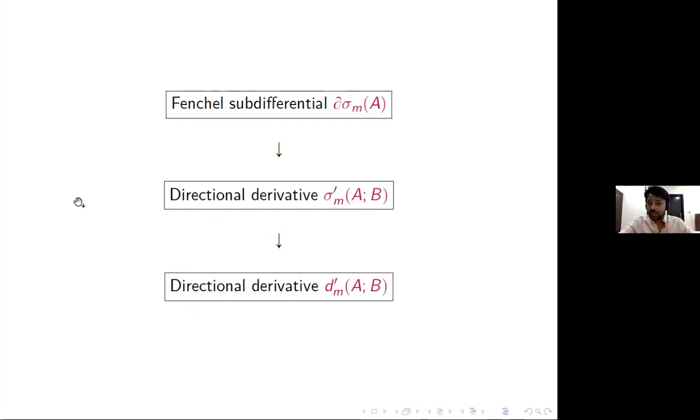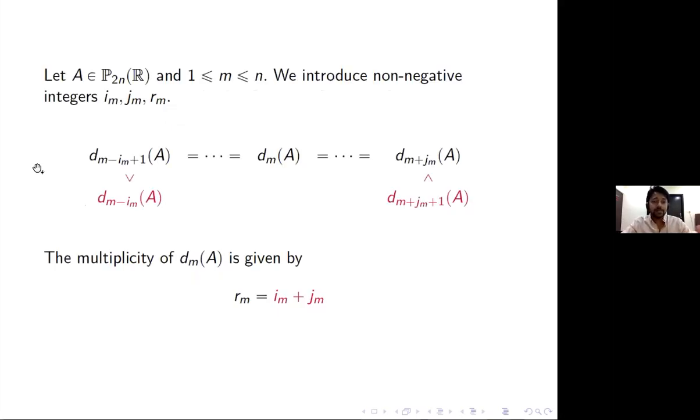So beginning with the Fenchel subdifferential expression, I'll first define some notation. Given any positive definite matrix A and m any index between 1 and n, we introduce three non-negative integers, Im, Jm, Rm. Imagine the symplectic eigenvalues of A arranged in increasing order, and say d_m is somewhere here. Then Im is the number of symplectic eigenvalues of A to the left of d_m, including d_m, that are equal to this symplectic eigenvalue.